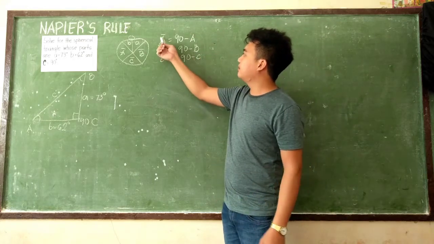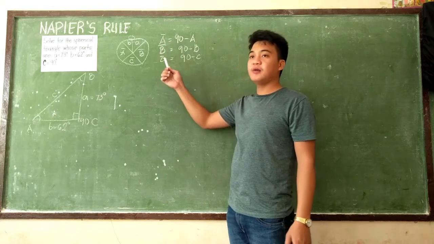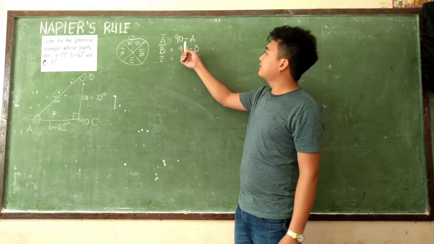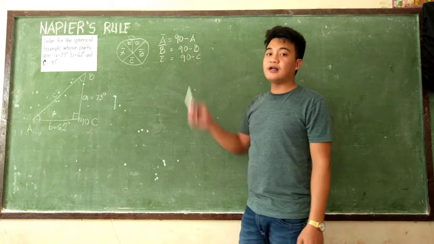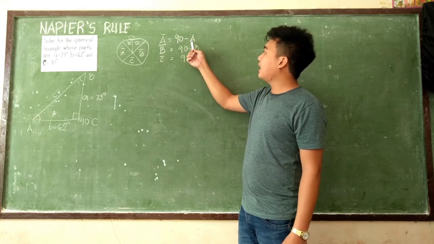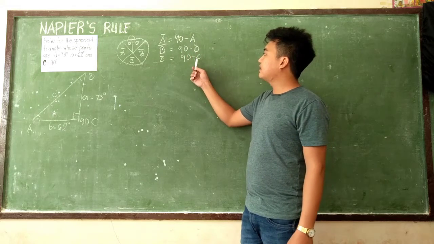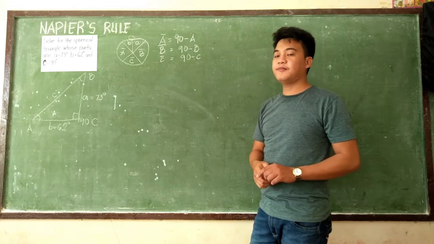If we get the value of A bar, B bar, and C bar, we must subtract it from 90 to get the answer of the angle A, B, and the C side.